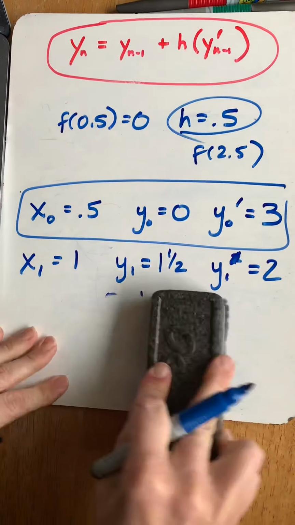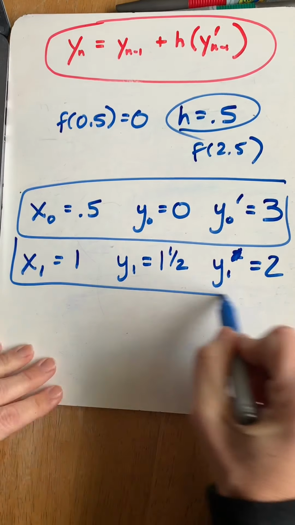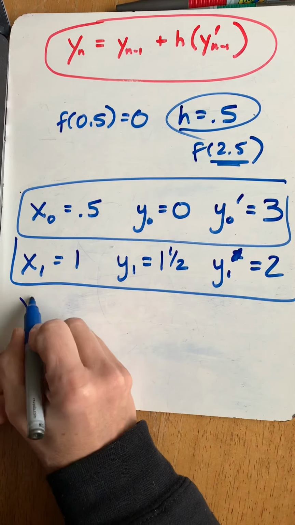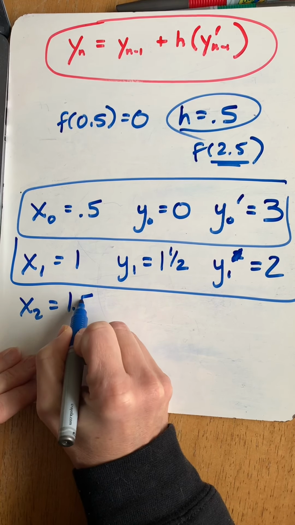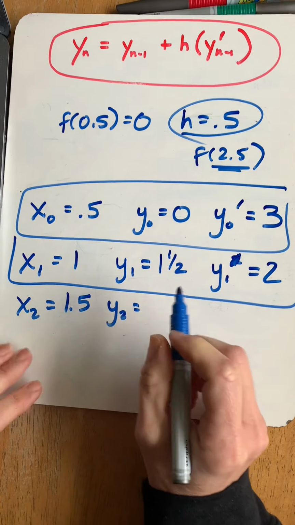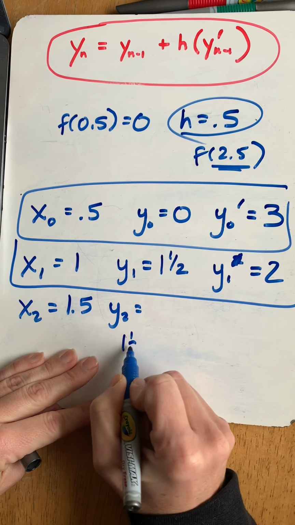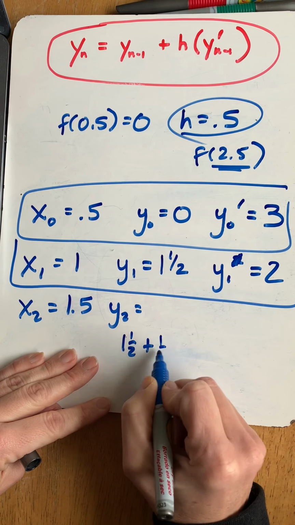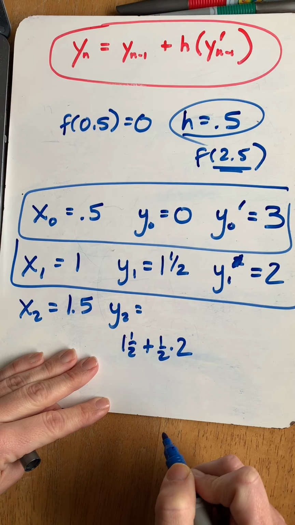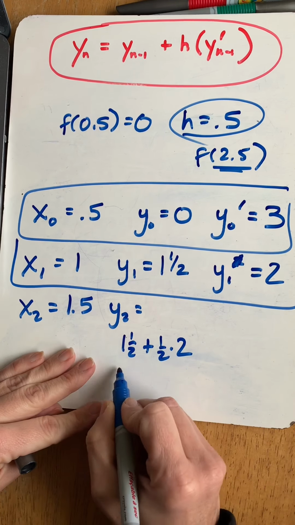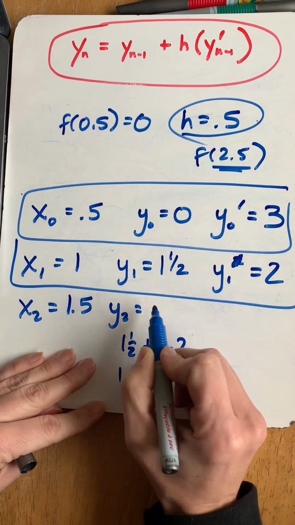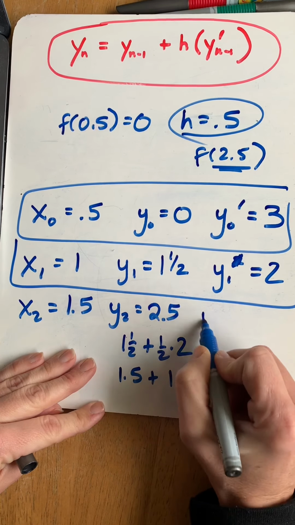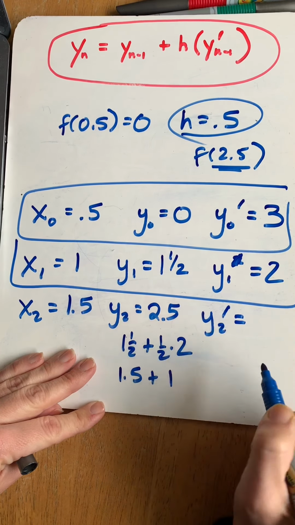Keep going. So obviously this requires a bunch of steps. I've got to get all the way to 2.5. So my next x is 1.5. My next y is 1.5 plus a half times the derivative that came before, so 1.5 plus 1, which is 2.5. I'm sure I'm going to make a mistake here, I'm just telling you right now.